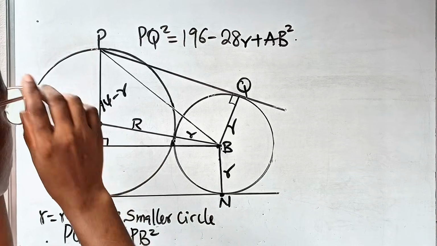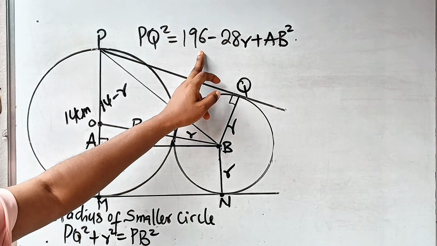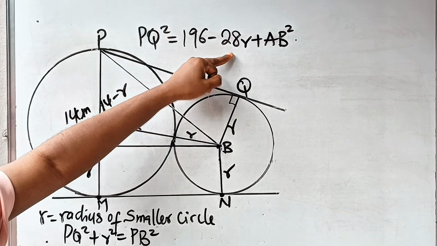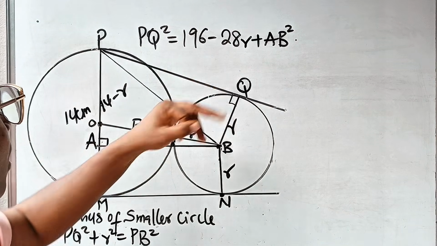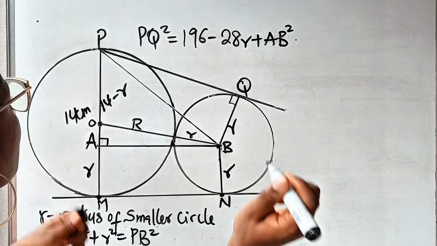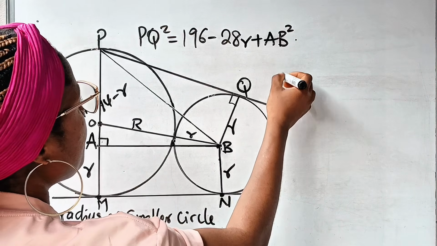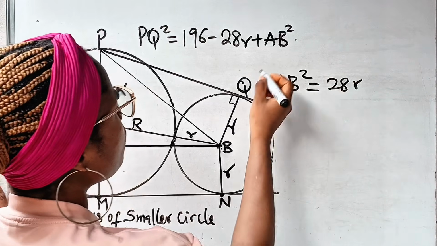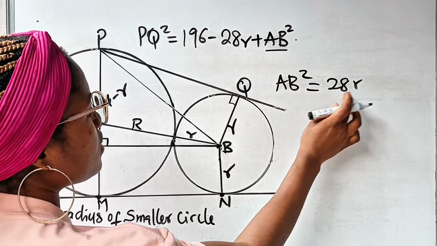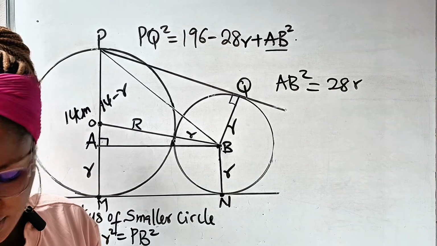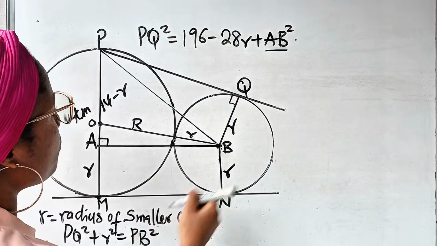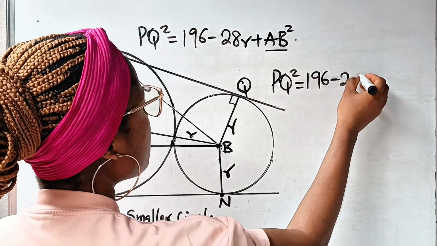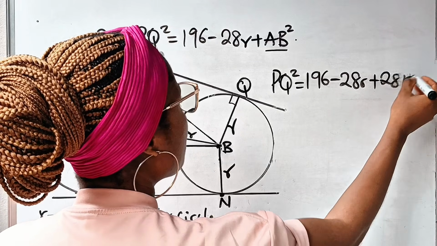All right, so now we have PQ squared equals 196 minus 28r. Remember this equation. Now we have AB squared, that is what I claimed here, is equal to 28r. So we are going to replace this with 28r. So I will have PQ squared is equal to 196 minus 28r plus 28r.